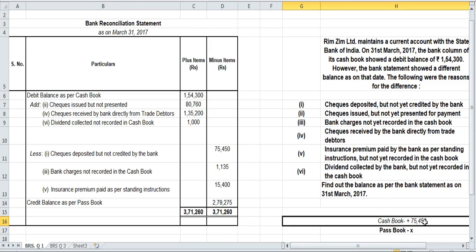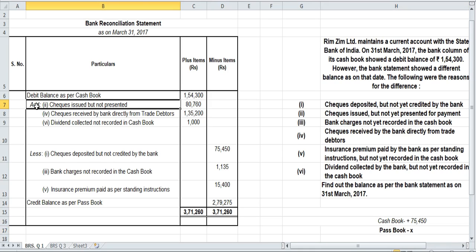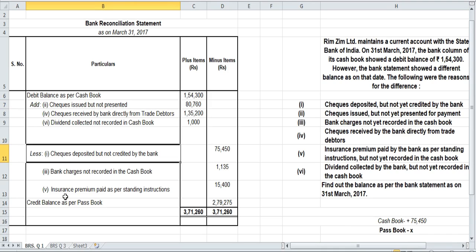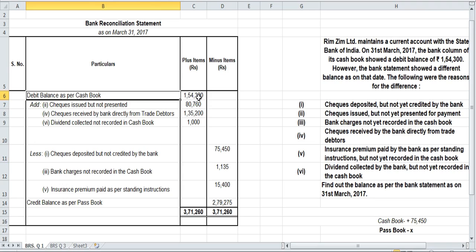So here we have deposited 75,450 in the cash book, but the passbook is still not credited. So we will have to move the cash book down and bring it to 75,450 rupees less. So here we have written add. All the adds will be on the upside and all the less will be on the downside. We'll keep some space over here. So here we have written debit balance on the plus side.